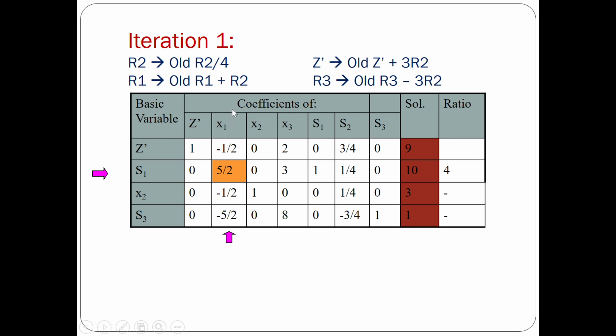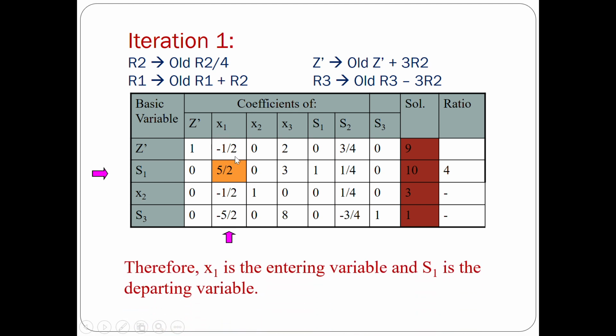Alright. So we have to move on to the next iteration just by choosing the most negative element in the Z function row. So it will be minus 1 by 2, and the corresponding column is called the key column. Then we have to calculate the ratio only for the positive key column element.